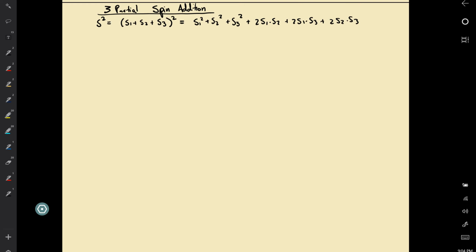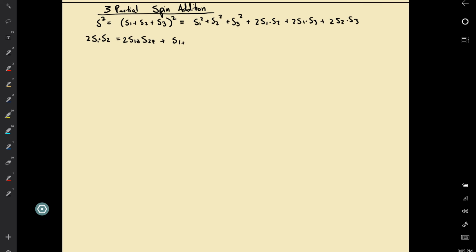So first of all, let's just try to take care of these. Normally you wouldn't know what to do with them, but thankfully from books you can see that there's this trick that you can take. So let's go in and take 2 times the spin of one dot the spin of the other. It can be written as 2 times the z component of both, plus we're going to bring in the raising and lowering operators.